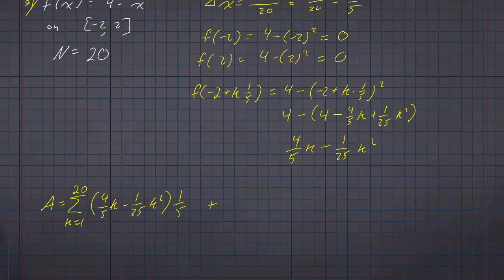Then plus delta x, which is 1/5 over 2, times f of a, which is 0, minus f of b, which is also 0. Very conveniently, that last thing just all goes to 0, which makes our lives so much easier.